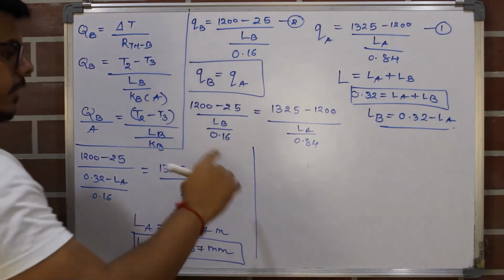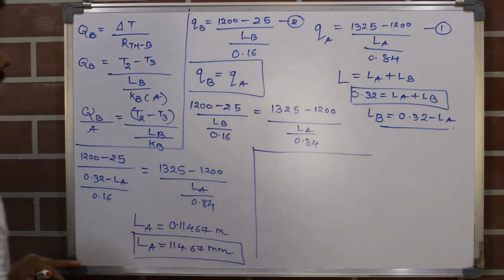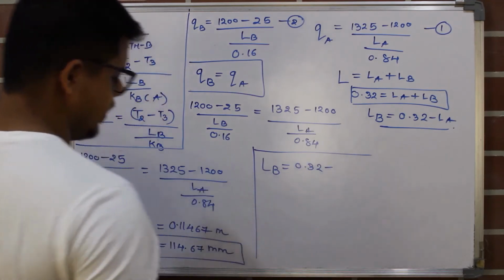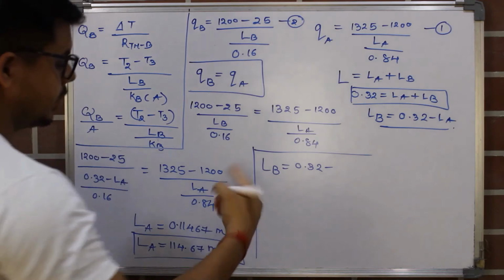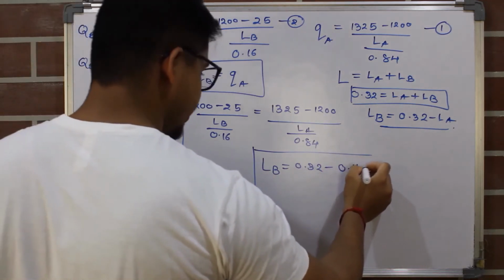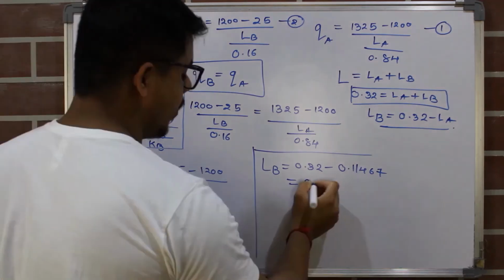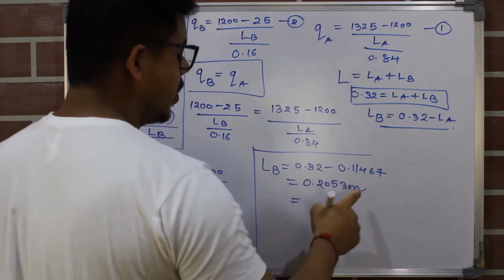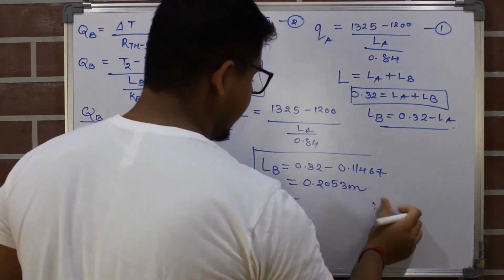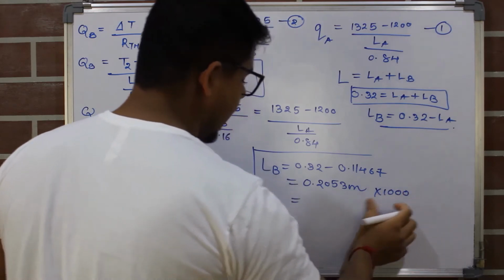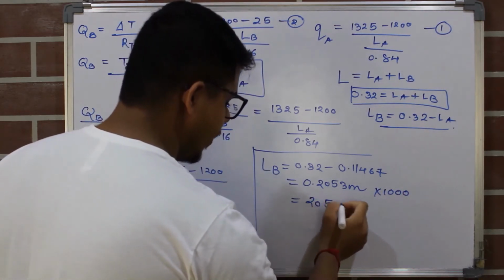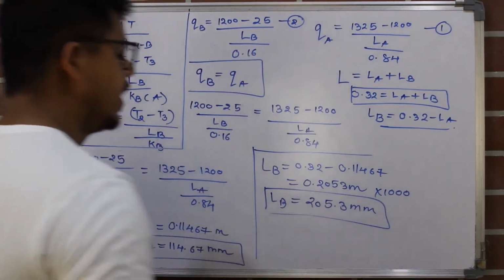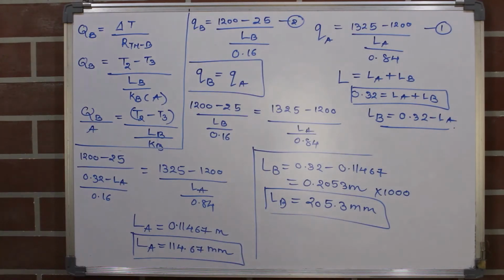And for the insulating material, LB is 0.32 minus, we have to put the meter value because 0.32 is in meters, so 0.11467, and you will get your answer 0.2053. It is in meters, so if you convert into mm, we just multiply by 1000, so it is 205.3 mm. So we got the thickness of the fire brick and the insulating material.